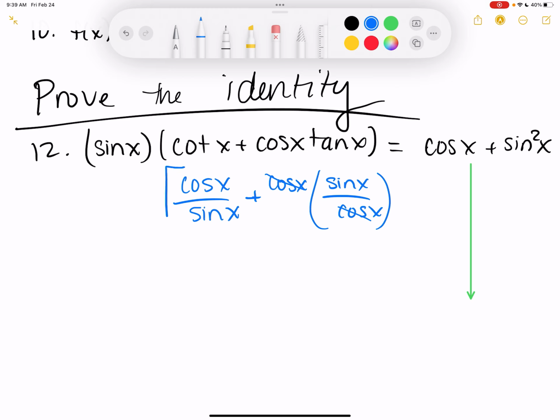So then what? Need to make it a little neater. And you'd like a common denominator?